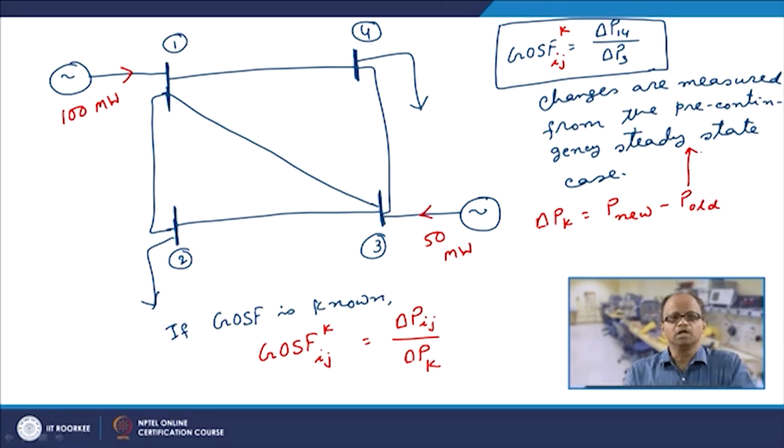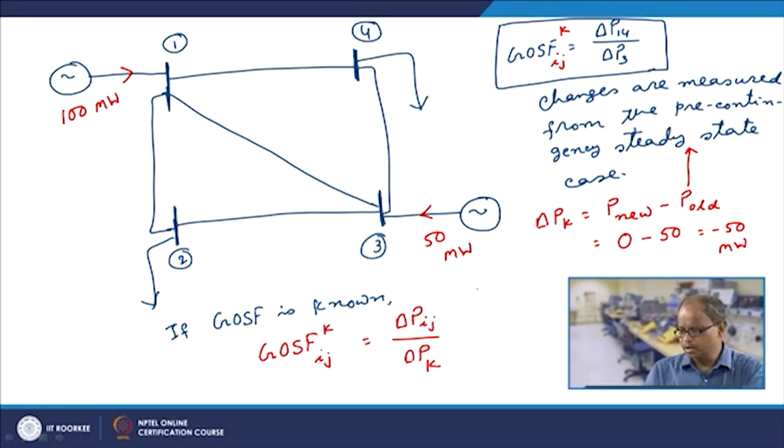If this generator goes out, the value of delta P k would be 0 minus 50, because when it goes out it gives no power, and earlier it was 50. So delta P k would be minus 50 megawatt. If our base is 100 MVA, then in per unit delta P k would be minus 0.5 per unit for base equal to 100 MVA.